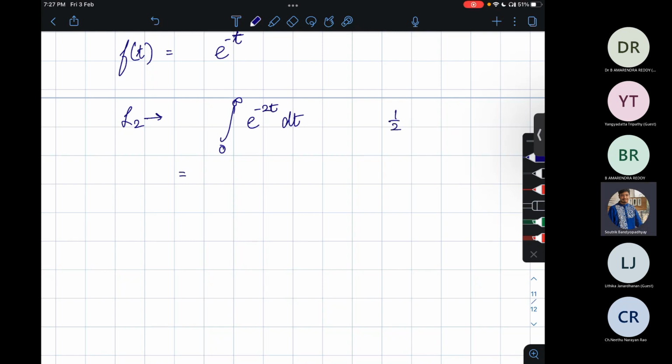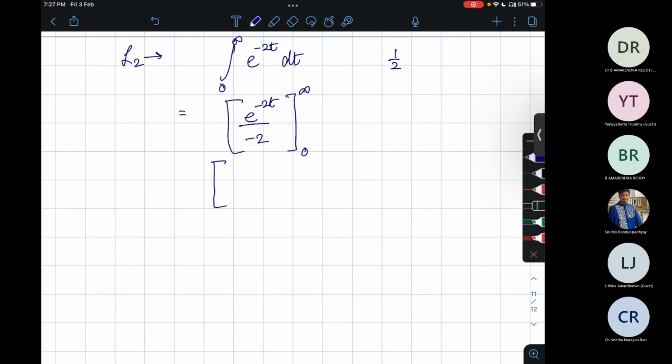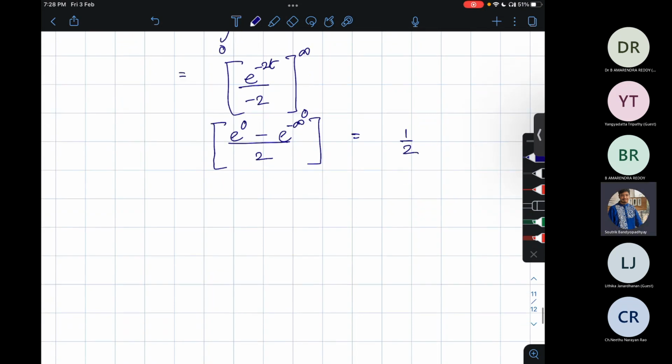So let's check it. So the integral would be e to the power minus 2t divided by minus 2, which is less than infinity.